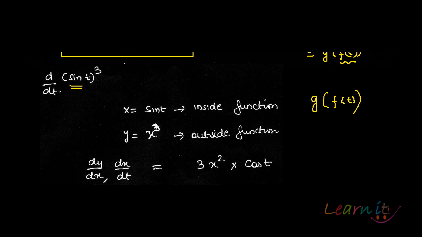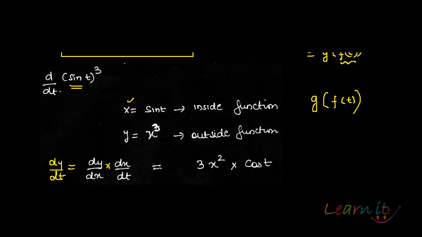So dy by dx into dx by dt gives dy by dt. So I can do dy by dx, right? Because y is a function of x, okay. So 3x squared into dx by dt. x is a function of t, so I have cos t here because x is sine t.